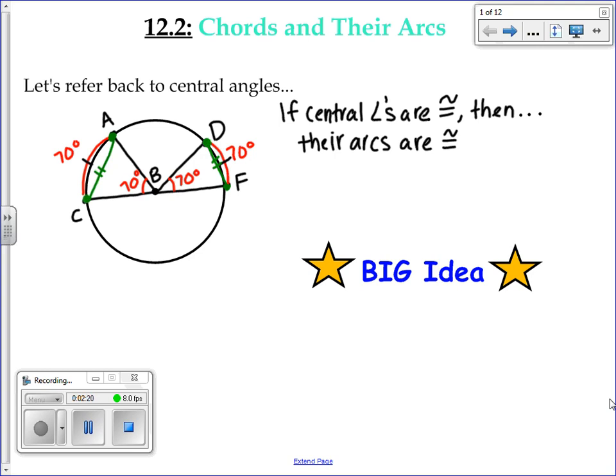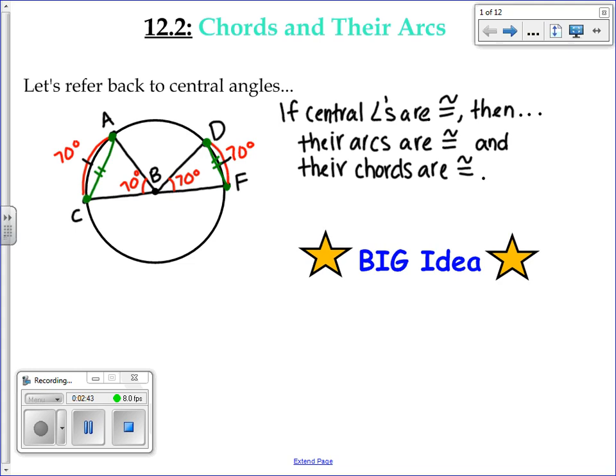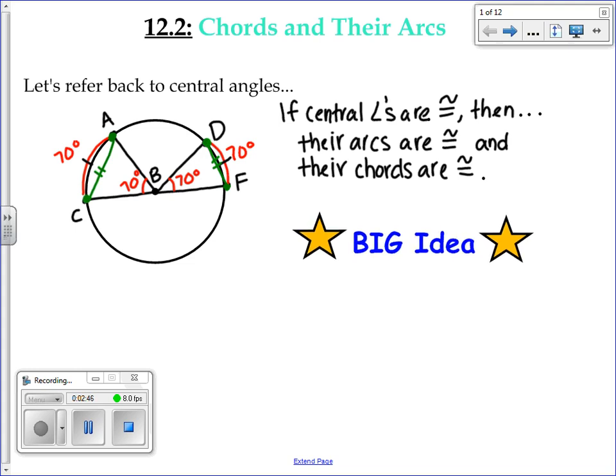So not only are their arcs congruent, but we can also add their chords are congruent. This is one of the big ideas behind today's lesson. We're going to see this a lot. So if central angles are congruent, then their arcs are congruent and their chords are congruent.